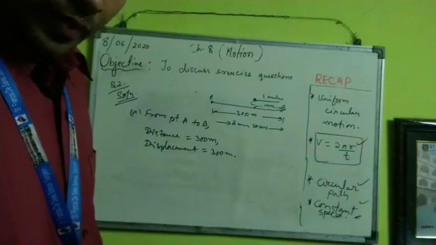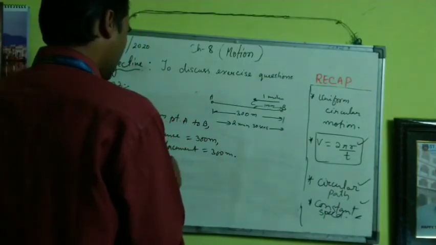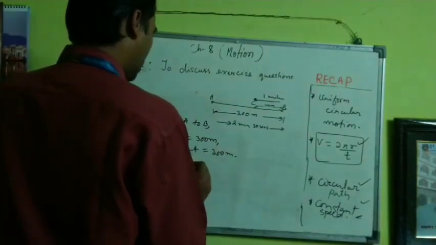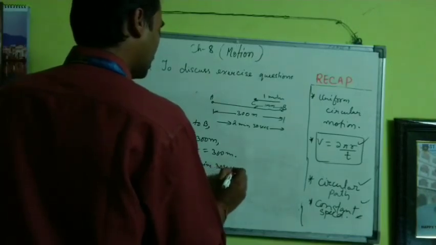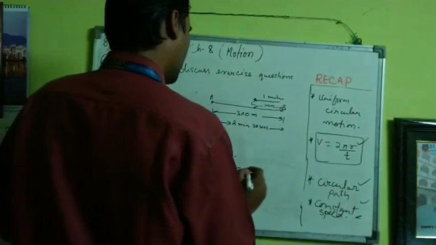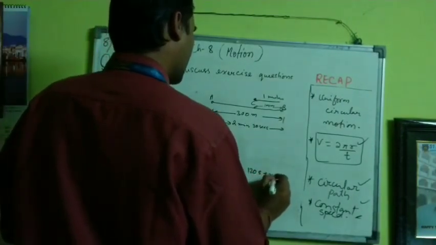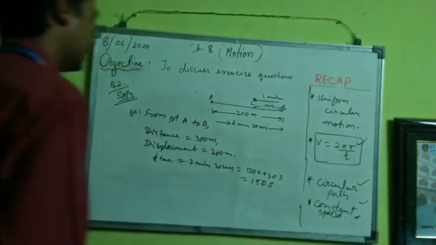Then what is the time taken? Time is 2 minutes and 30 seconds. So let us convert this. 2 minutes means 120 seconds plus another 30 seconds, total becomes 150 seconds.